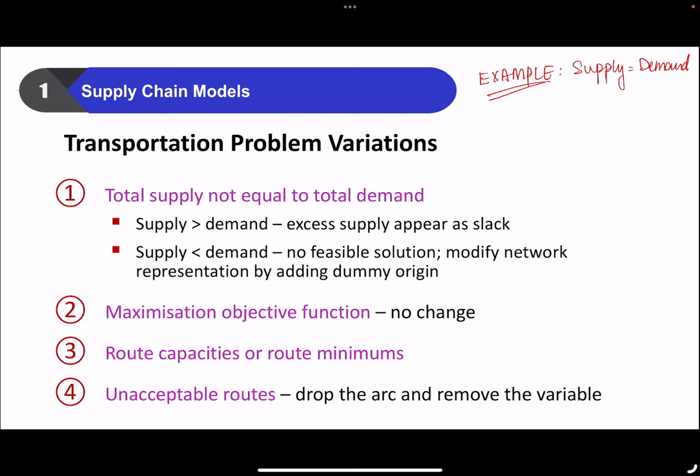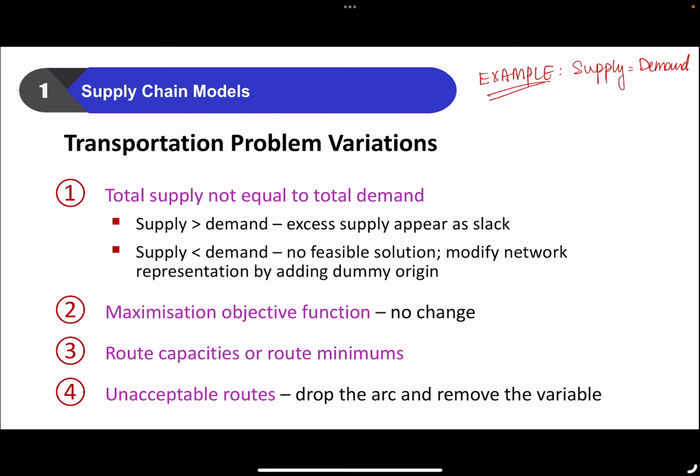Slack for any particular origin can be interpreted as unused supply, or the amount not shipped from the origin. So it will stay back at the origin as inventory.